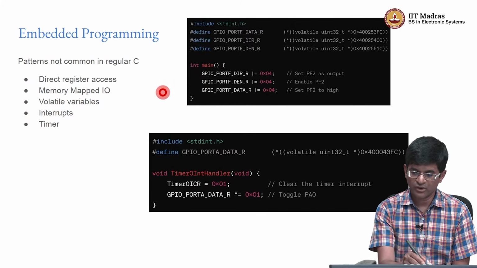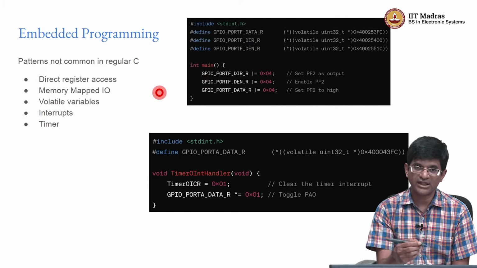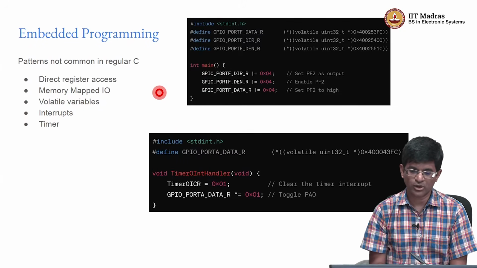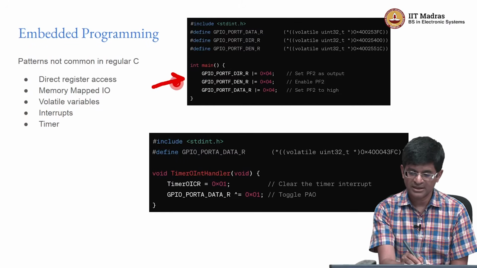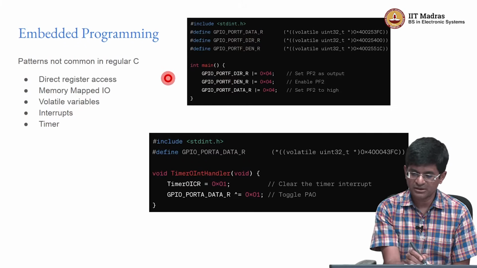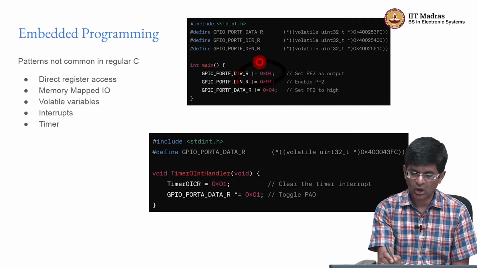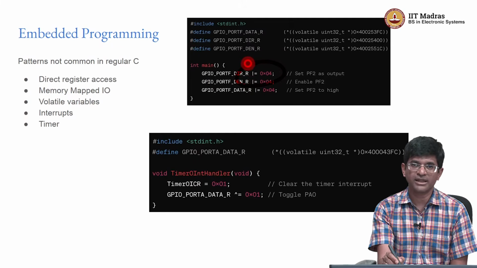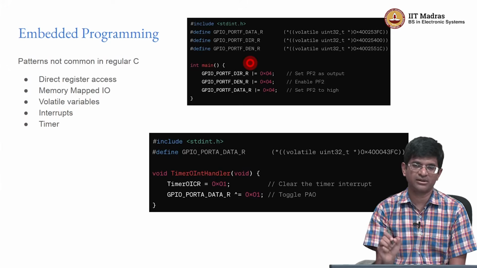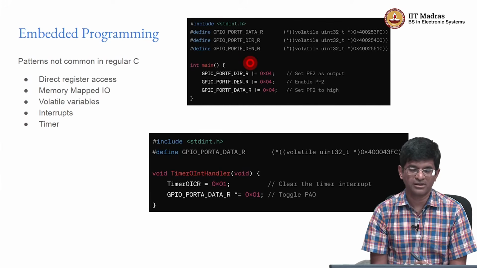And not only that, the way that we configure an IO port, an input output port on the microcontroller, would actually be things like this. We would take this port F data, the direction register, and we would OR a certain value into it, OR 0x04, which basically means we are setting a particular bit somewhere in the middle of that register.